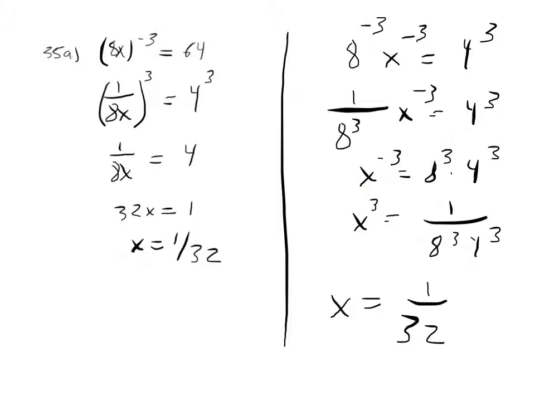Go ahead, solve for x to the negative 3. Go ahead then and say reciprocate, which is going to give me x cubed is 1 over 8 to the third, 4 to the third, and then take the cube root of each side. Cube root of x cubed is x, cube root of 8 cubed and 4 cubed is 8 times 4, and you still get 1/32.